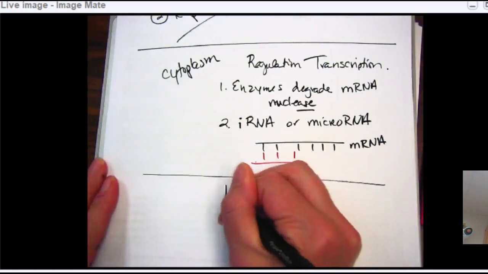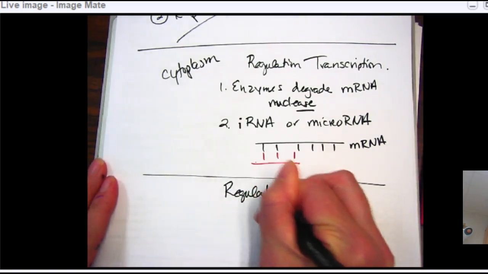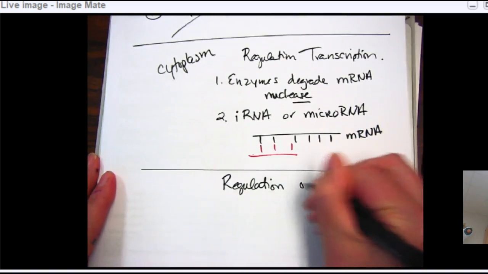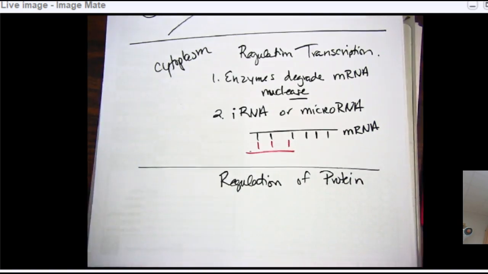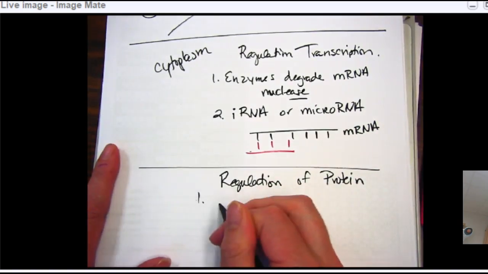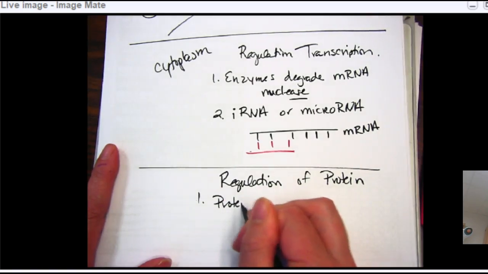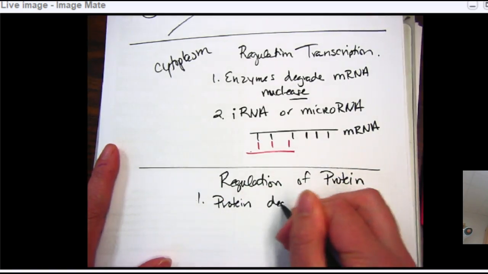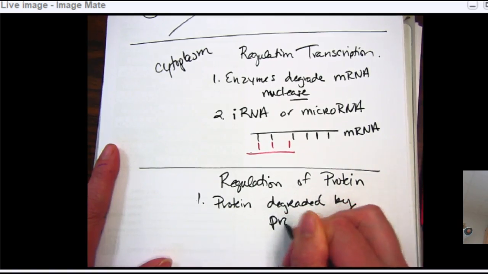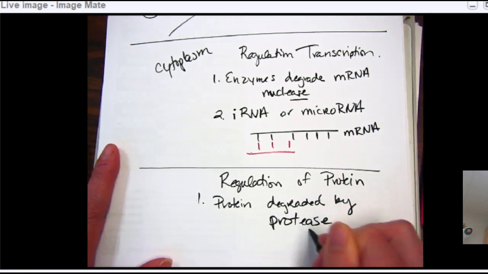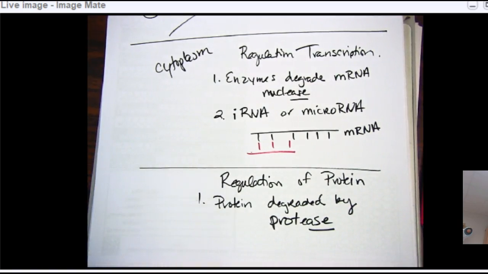Then we can regulate the protein. The protein can be degraded by proteases. Those are enzymes that break down proteins.